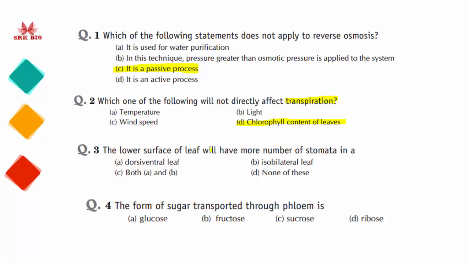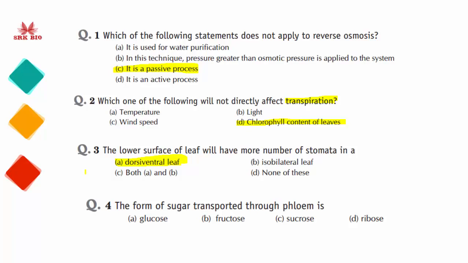The lower surface of the leaf will have more number of stomata in a dorsiventral leaf. This experiment you have performed in the laboratory, Vinca rosea. Which surface of the leaf contains more number of stomata?